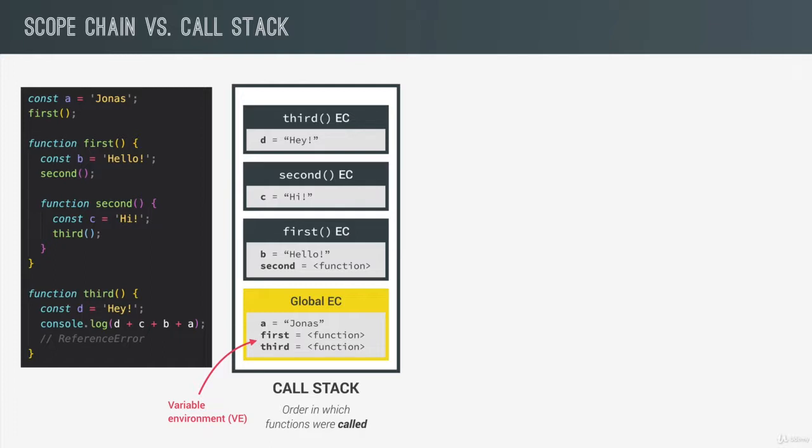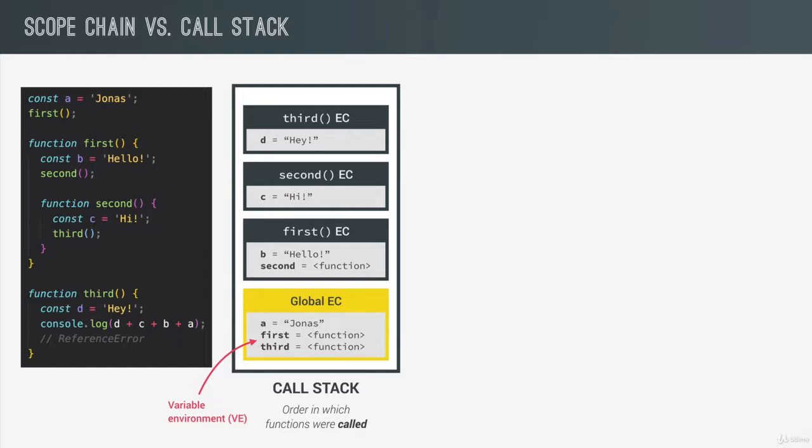For now, all this has nothing to do with scopes or the scope chain, all right? All I'm doing is creating one execution context for each function call and filling it with the variables of that function. And you can pause the video here for a moment to understand the content of each variable environment.